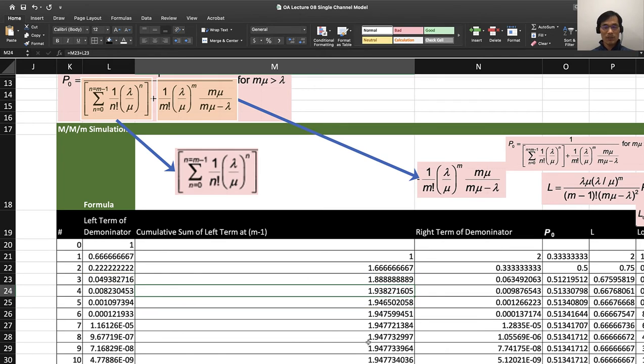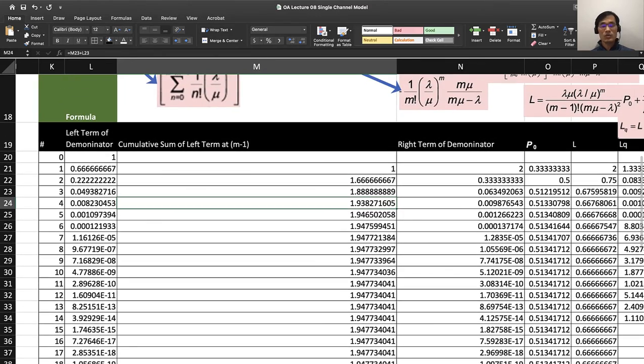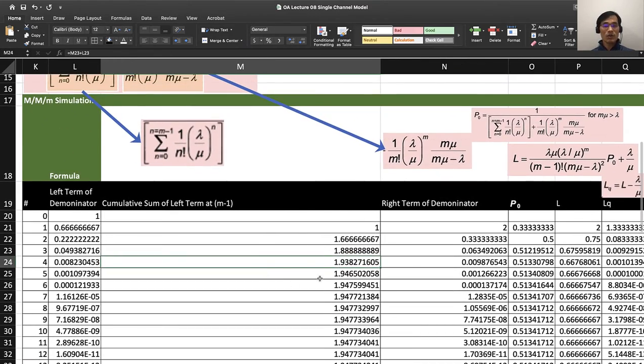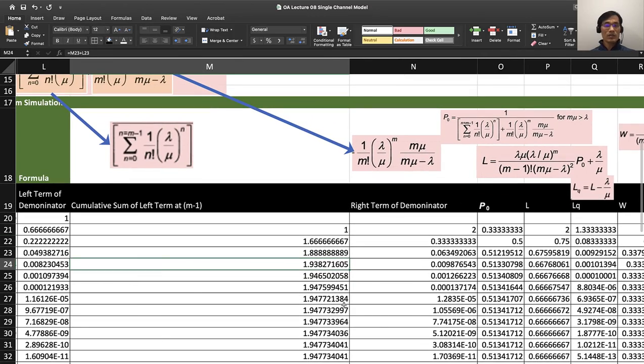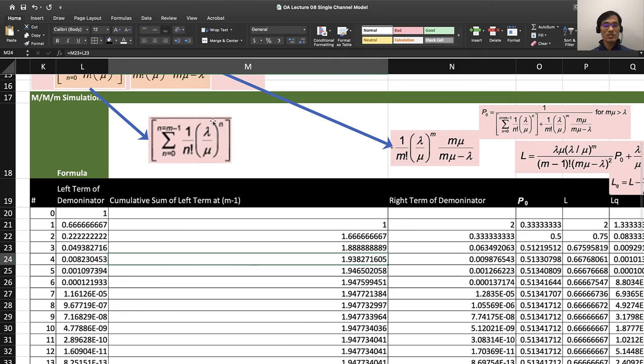So you can just copy it down, then you see it is converging onto 1.947734041, right? So that's what we see in this part. And then I'm done with this left term.